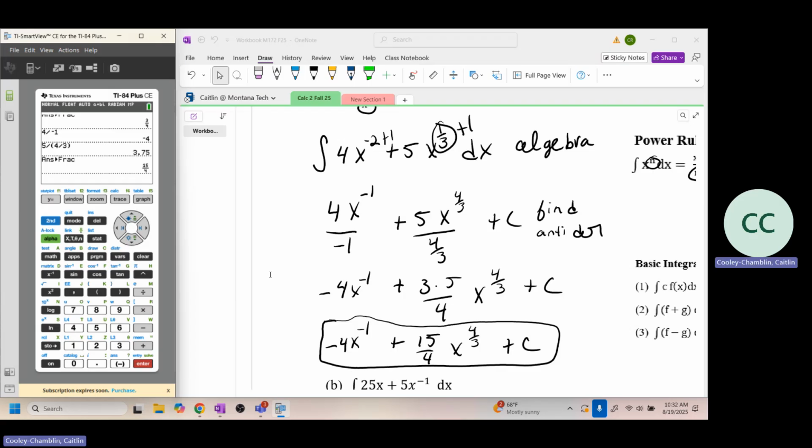Your calculator can still do these. Anything in a Calc 2 class that the TI 84 Plus can do, the TI 36 Pro can also do. I don't have an emulator for that. I can't find one. If you guys find me one, if you make me one, I will gladly use it, and I will show both. Because if you're a math major, you're going to be using this calculator. If you're a biology major, most likely this calculator. Engineering students have a different calculator.